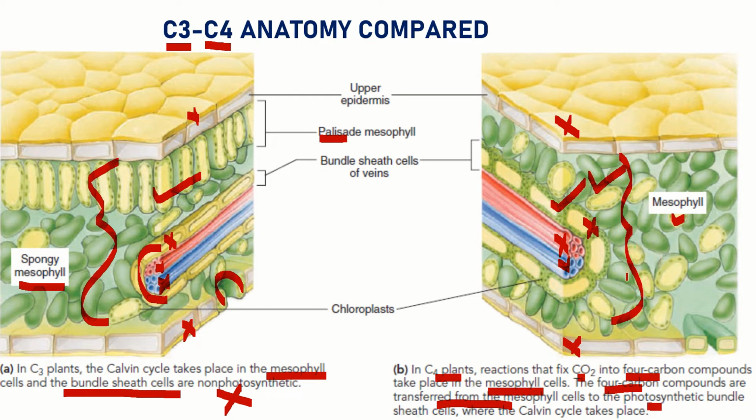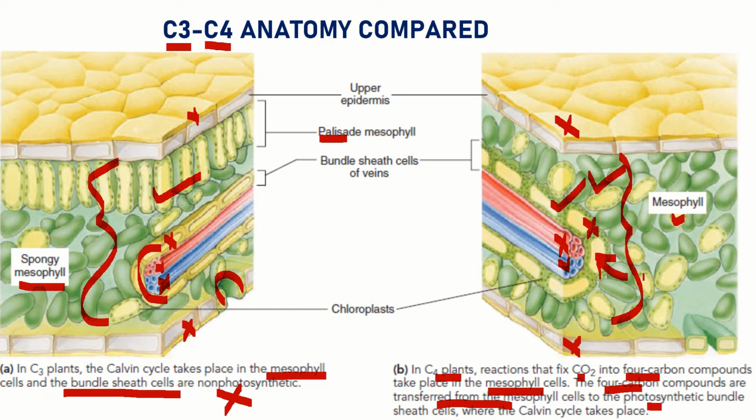So from the mesophyll, the 4 carbon compound is transferred to the bundle sheath, and the Calvin cycle is taking place in the bundle sheath cells. In the C3 plants, there is the Calvin cycle. In the C4 plants also there is the Calvin cycle.